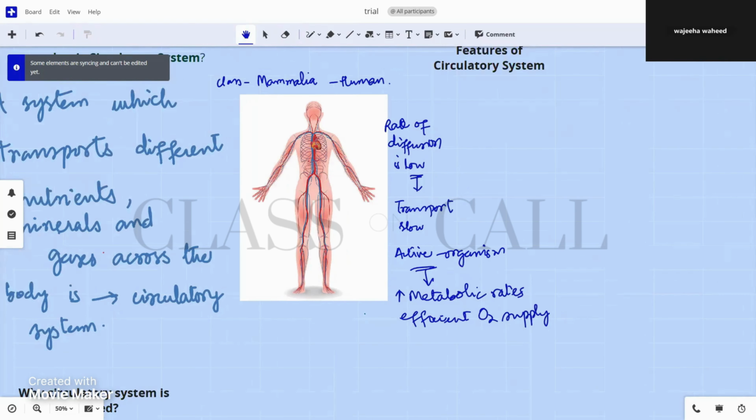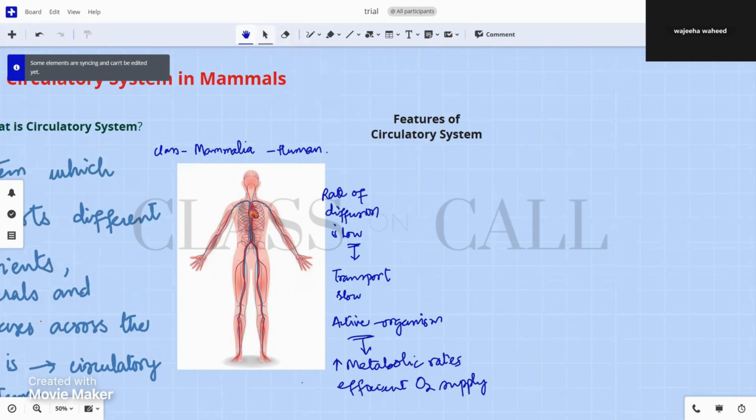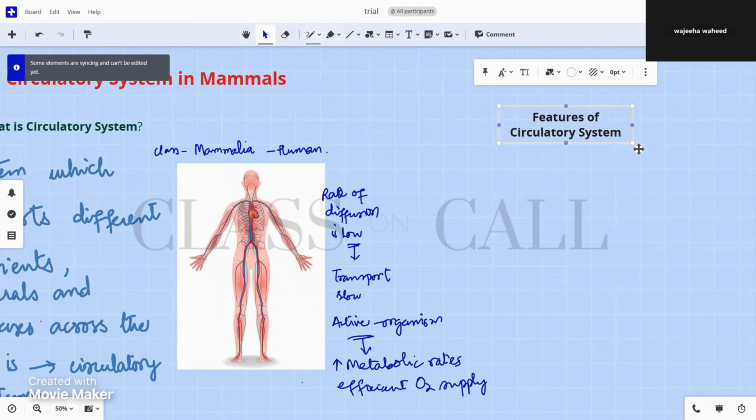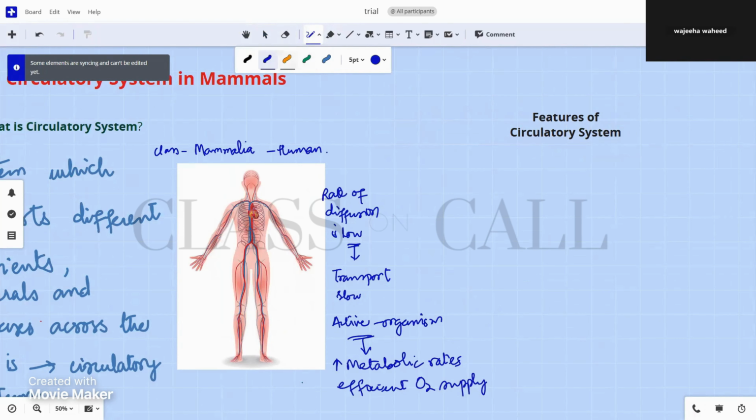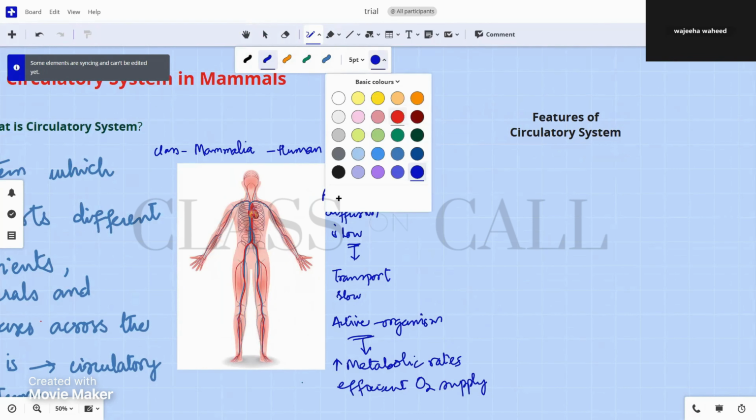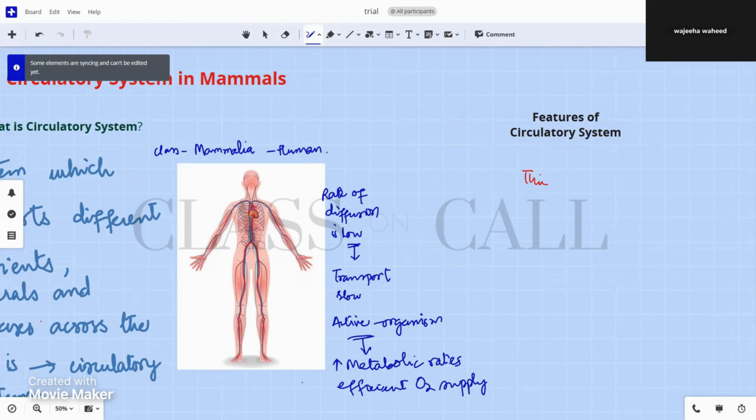Okay. So now we will talk about the features of the circulatory system, right? Circulatory systems are characterized by thin surfaces. They should have organs which have thin surfaces, for example the capillaries.